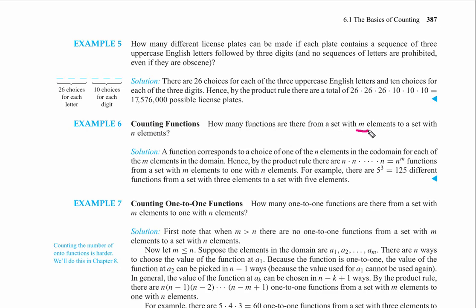In the domain, we have m elements. If we're making a function, we just have to decide where to send each of these into the codomain. Pick the first element in the domain. There are n options, different places to send it.